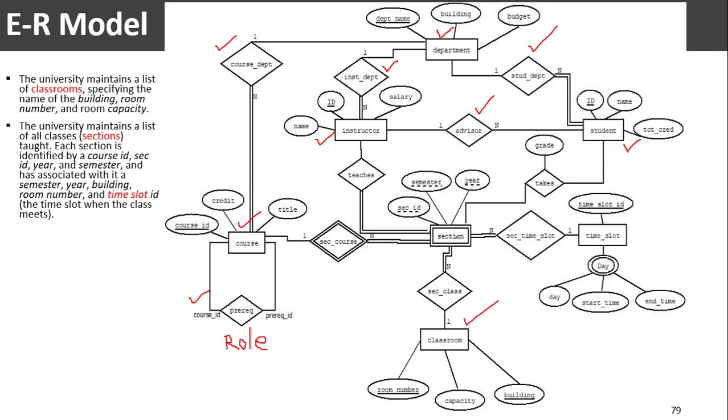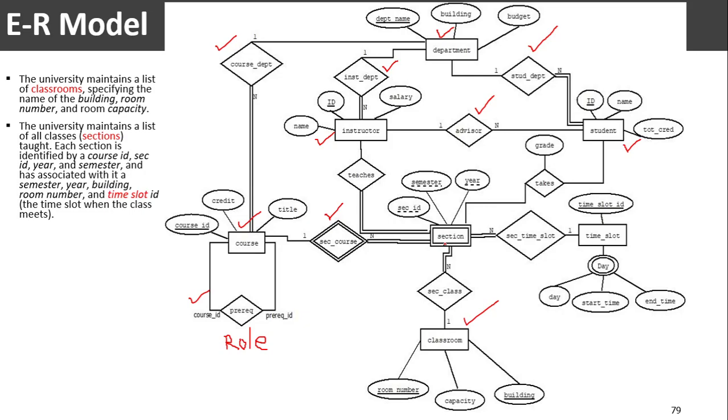Now as we know, in between the weak entity set and the strong entity set, we should have the identifying relationship set. So here section course is the identifying relationship set, depicted using a double diamond, and this weak entity set is depicted using a double rectangle.